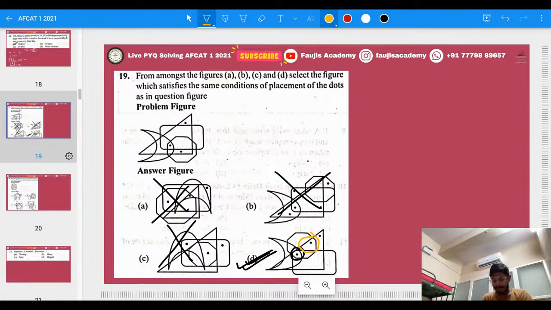We need a place wherein this dot is represented clearly all alone. That means the rectangle alone. Do we have rectangle alone in A? Yes. In C? Yes. In D? Yes. In B? No, we don't have. Let's cross it.